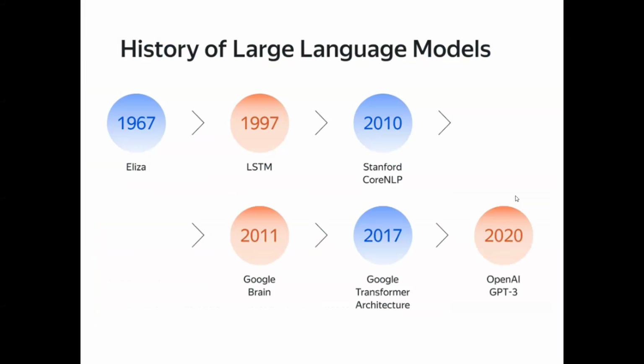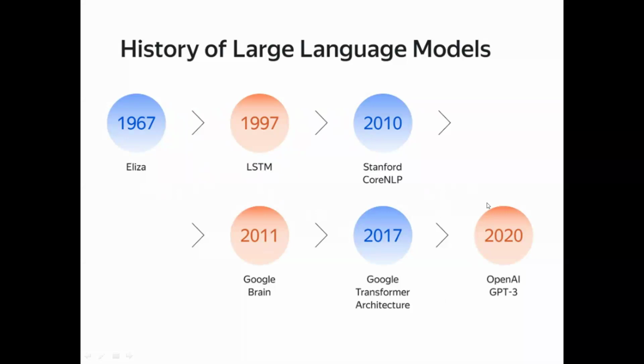Then which platforms, which programming languages are available? As a researcher also, for example, I am doing research in generative AI. I want to propose a new model. In that case, which programming languages are available? So you can see that this is the timeline from the 1960s, 1967, when Eliza was launched, to ChatGPT.